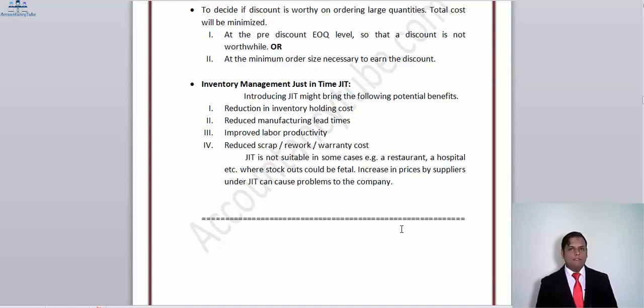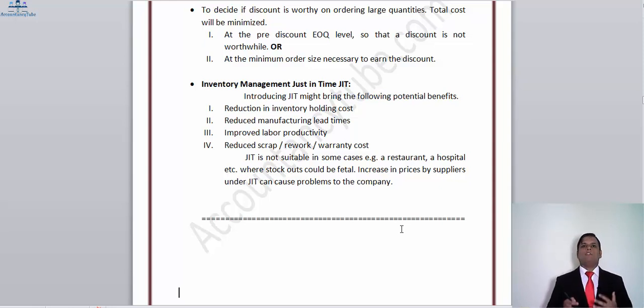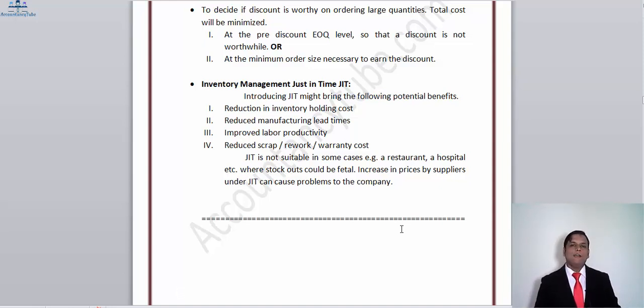In restaurant businesses as well, you cannot exercise a just-in-time system. You cannot expect your vegetable supplier to deliver the vegetable supplies after the customer places an order. It will frustrate the customer and he or she will simply leave the restaurant if getting his or her lunch with an hour's delay.